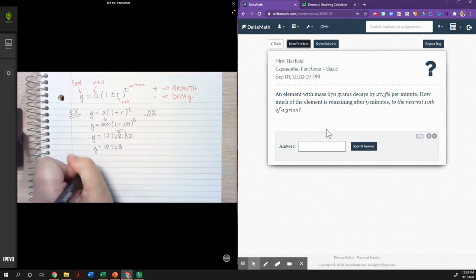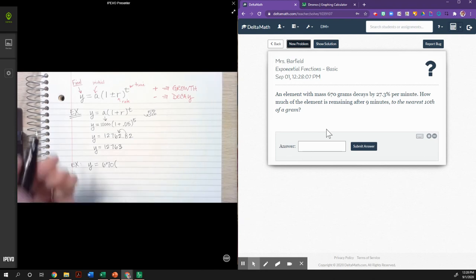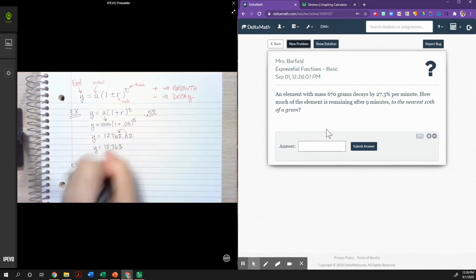So y equals, we have an initial amount of 670 times 1 minus, and I'm going to use minus because I have a decay of 27.3%, so 0.273. And how much is remaining after 9 minutes?